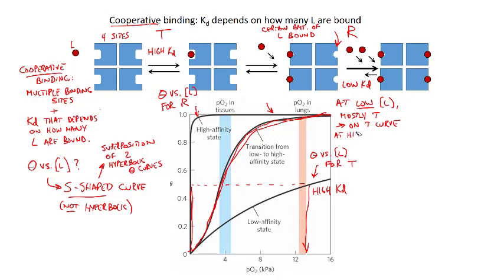And then at high, we have mostly R, and then we switch over to the R curve. And in between the two, we're going to have a mixed population. Some molecules are in T and some are in R, so we're going to be somewhere in between the two curves.